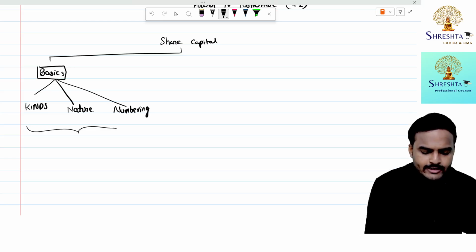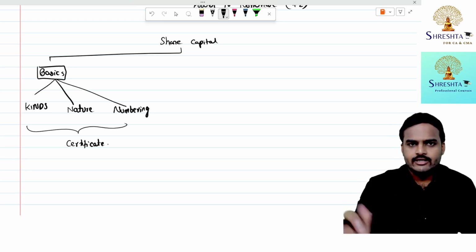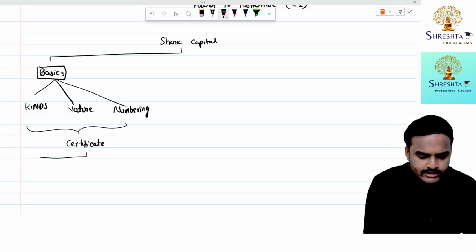These three you can find in the certificate of shares, whether it is an equity share or preference share, and what is the numbering of the share. You can observe it in the certificate. By holding this certificate, the holder will get voting rights.